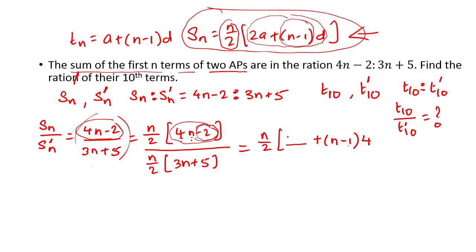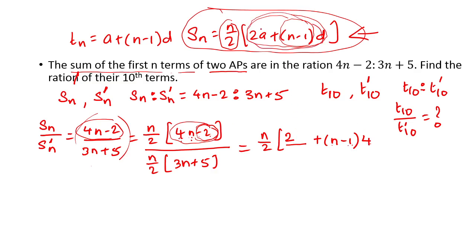So I should write a number here so that this number minus 4 should give me minus 2. So I'll write this as 2. 2 minus 4 is going to be minus 2. So I'm writing this 4n minus 2 in this form, n minus 1 into d.